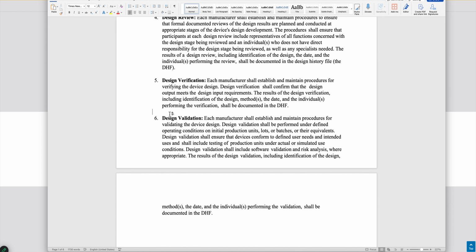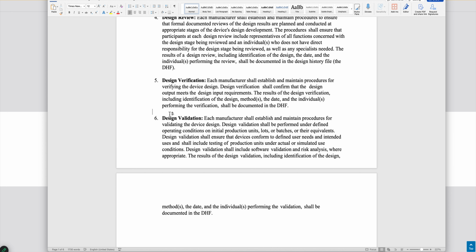A design where we have the inputs and the outputs, and then we validate the design, obviously, after having verified the design. So what is a document related to the design validation? Again, this is before starting to make the device. Each manufacturer shall establish and maintain procedures for validating the device design. Design validation shall be performed under defined operating conditions on initial production units, lots or batches, or their equivalents.